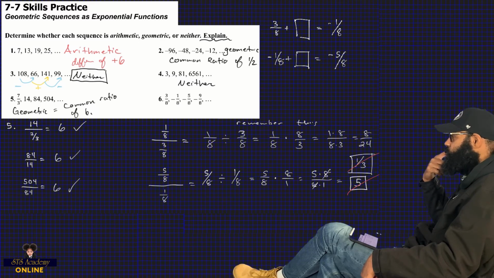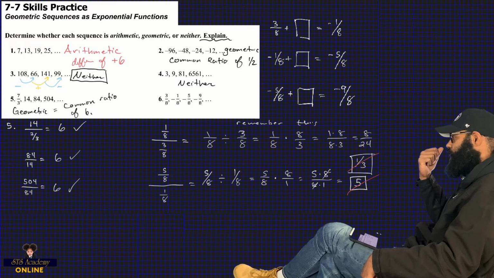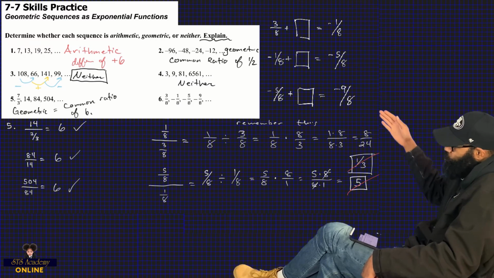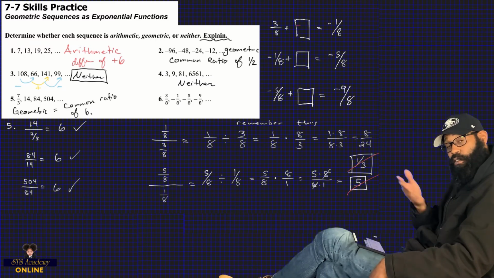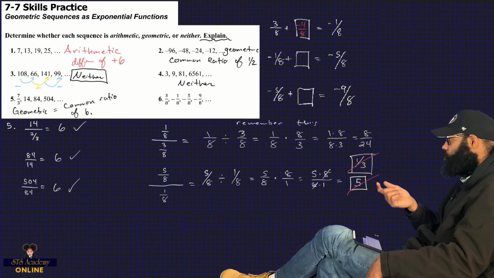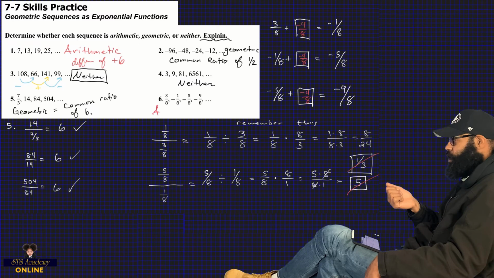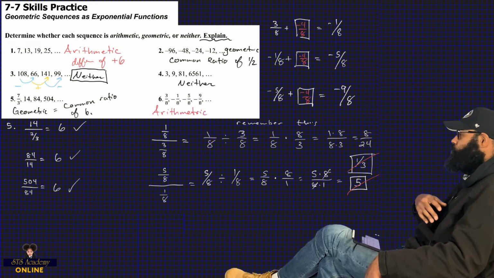Then of course, the last one, -5/8 plus what is equal to -9/8. So it has to be the same thing in each one of those, right? So can you figure out the first one? I can figure out the second one. -1 minus 4, right? So they all should be -4 for my numerator, and it looks like it is. So we got it. So we're gonna get this out of here, I hope.